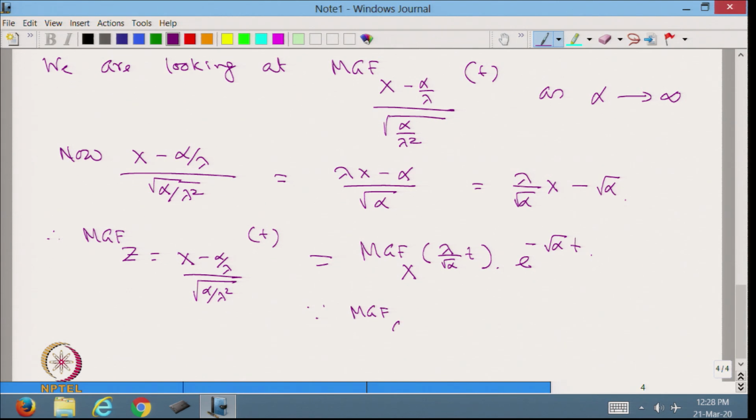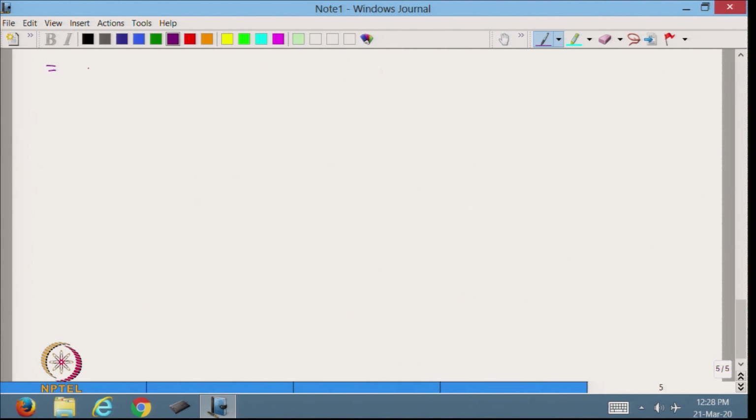Since the mgf of ax plus b at t is equal to e to the power bt into the mgf of x at at, by applying this we get e to the power minus root alpha t multiplied by 1 minus lambda t upon root alpha lambda, to the power minus alpha.